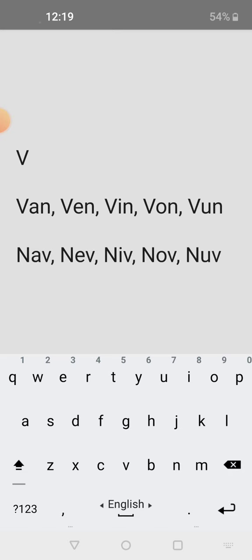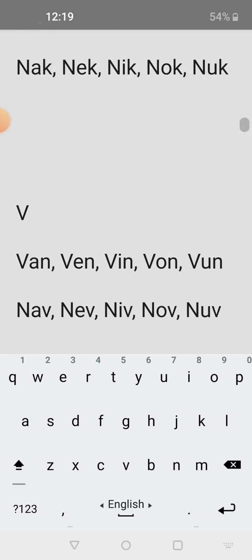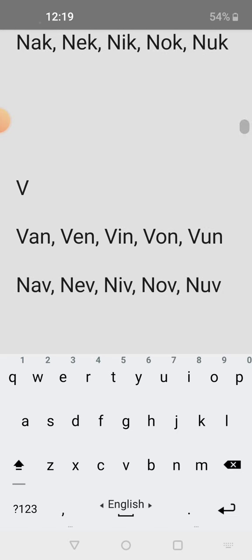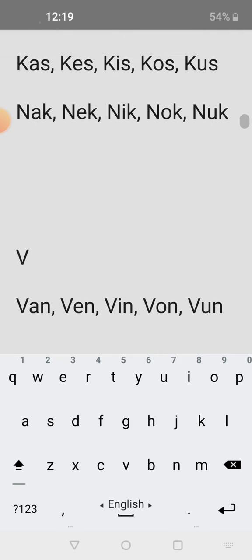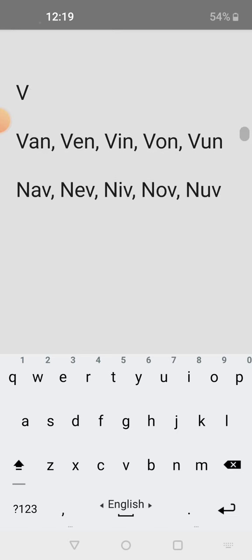It's not like the V that could be confused for a B. It's distinctly a vrooming sort of V, similar to an F. It's almost like purring, I guess. But anyway, there's von, ven, veen, von, voon, and then things that end in V: nov, nev, neve, nov, nuv.